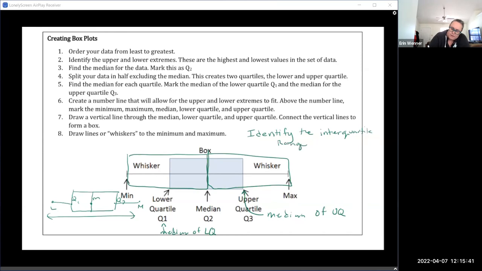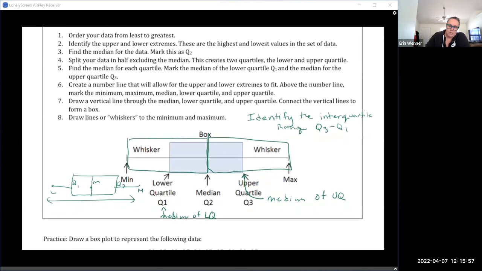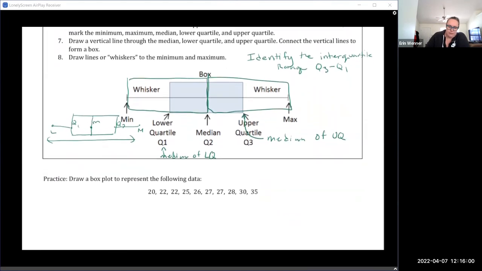And the interquartile range is Q3 minus Q1. And the reason why we want to find this is that it helps us to identify any outliers.